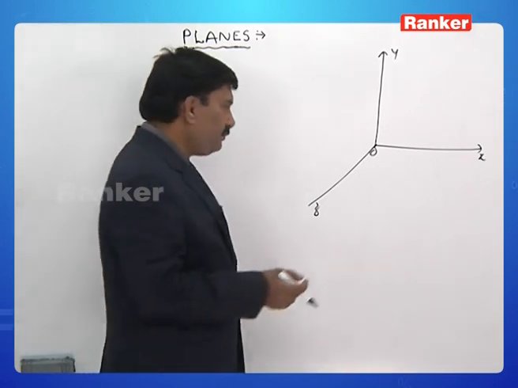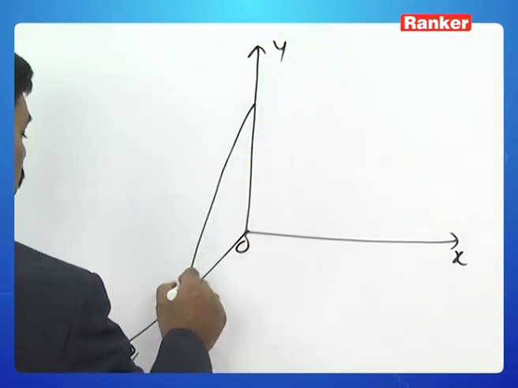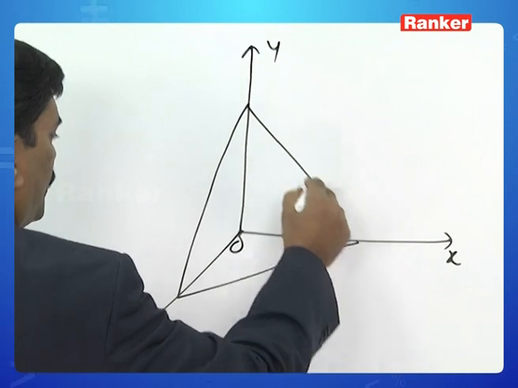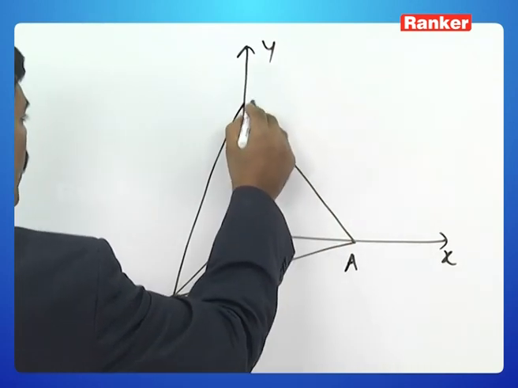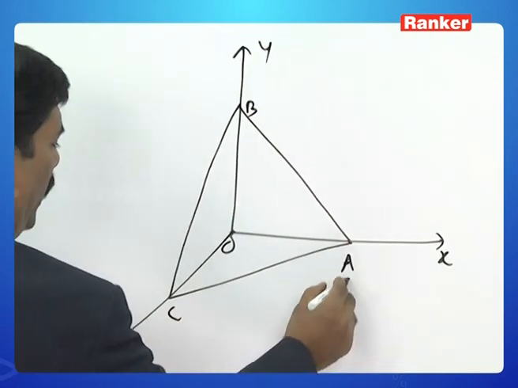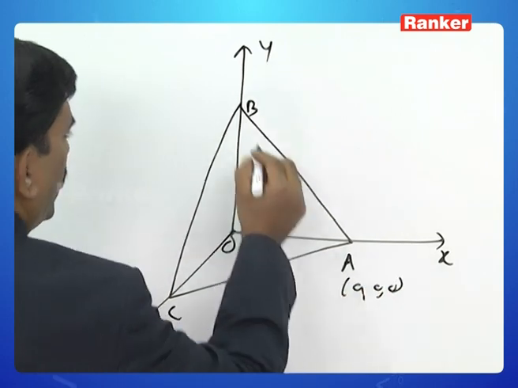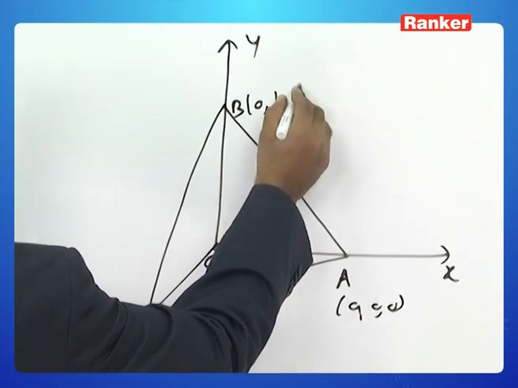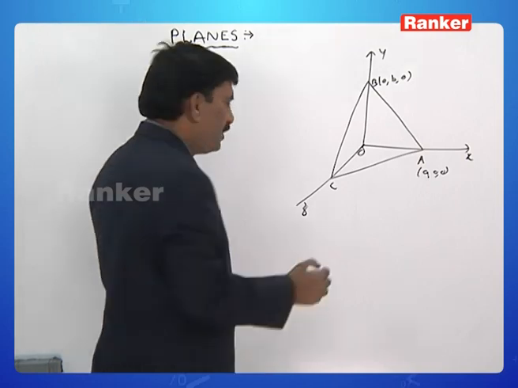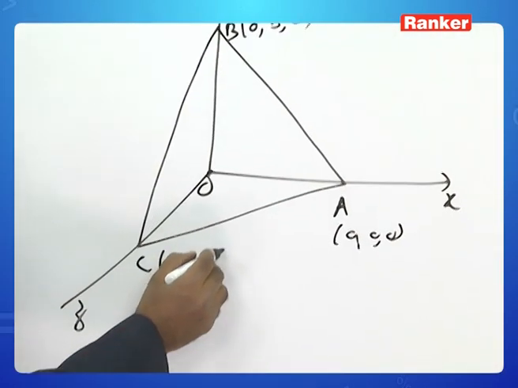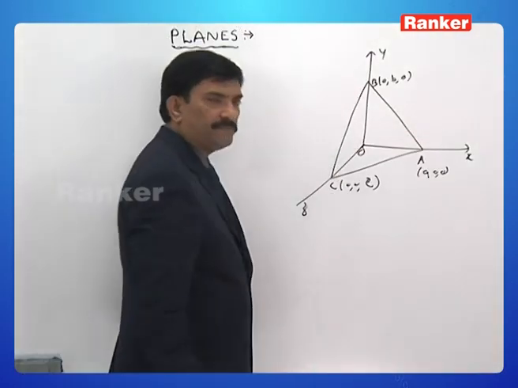Now, if I take this plane in this fashion, having the intercepts A on x-axis, B on y-axis, C on z-axis.